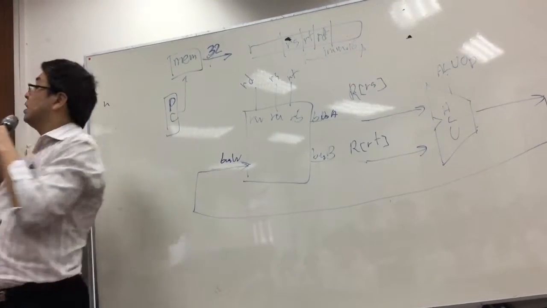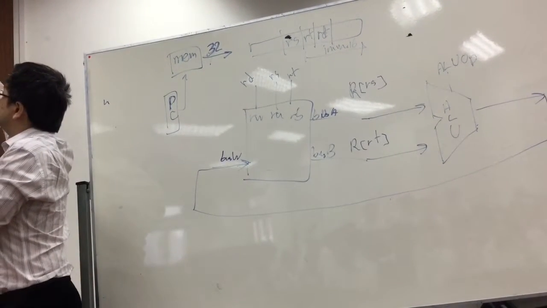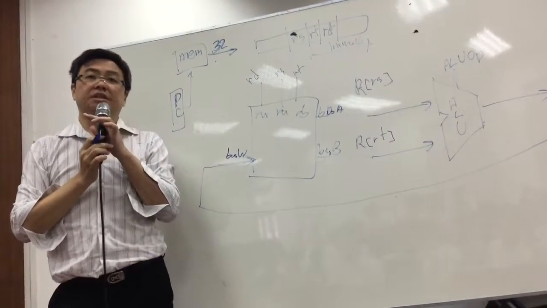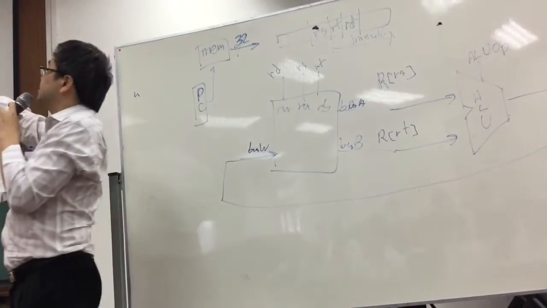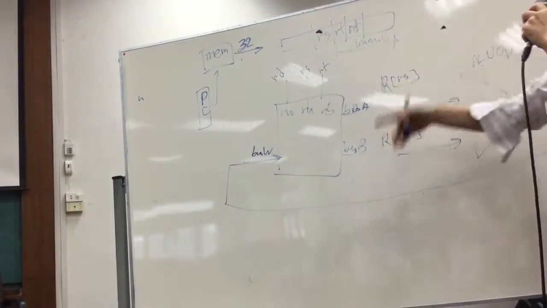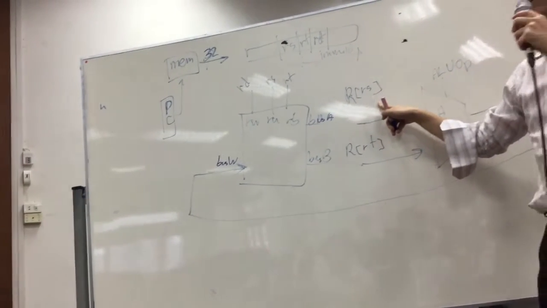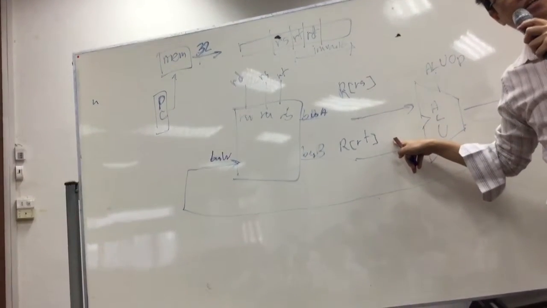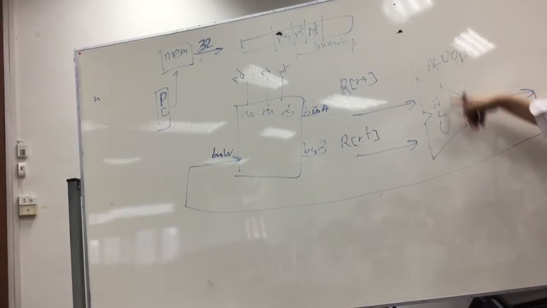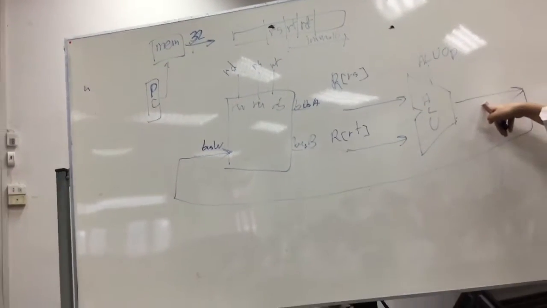Okay, let's move on to the subtract instruction. Subtract instruction says what? We want to subtract which one? RRS with what? RRT. We already connected that to the ALU, so if we enable the ALU for subtract, we get the result right here.